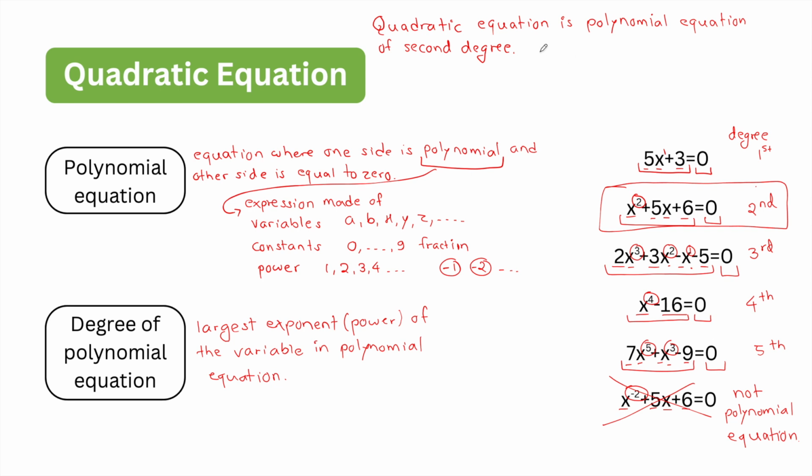And when the question asks you to write the definition of a quadratic equation, you will write: a quadratic equation is a polynomial equation of second degree.